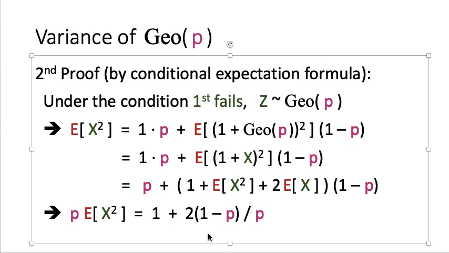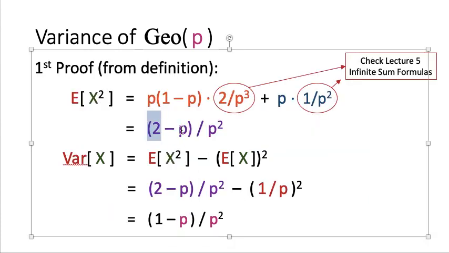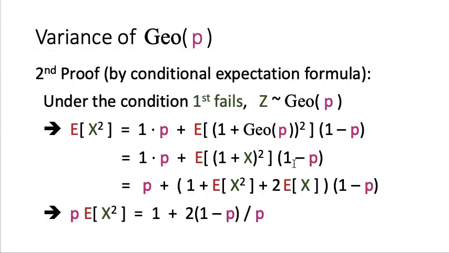After some cancellation, we see that this is equal to (2 minus p) divided by p. Finally, we move this p to the right-hand side, so we get the same conclusion that the expected value of x squared is equal to (2 minus p) divided by p squared. Since we get the same expected value of x squared, we will get the same value for the variance of x. So this is the end of the second proof.